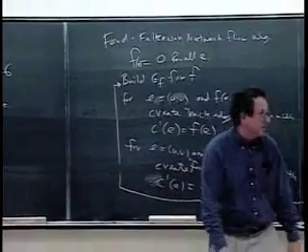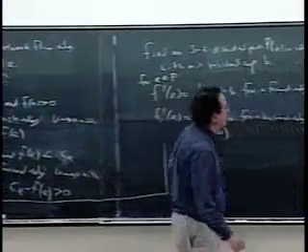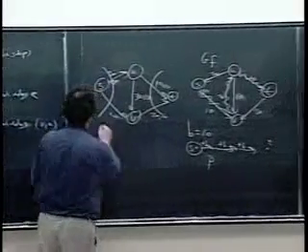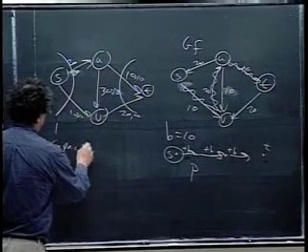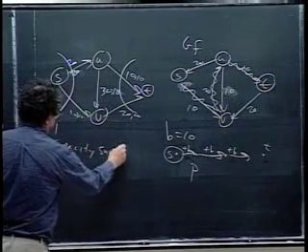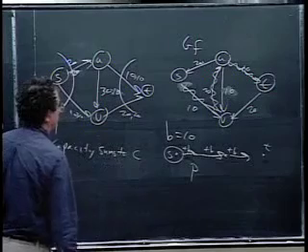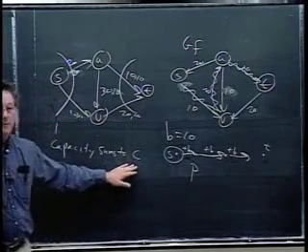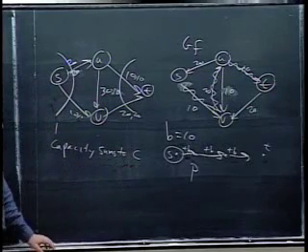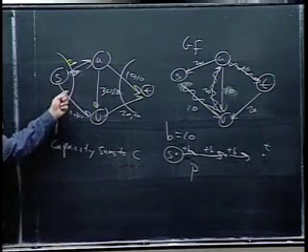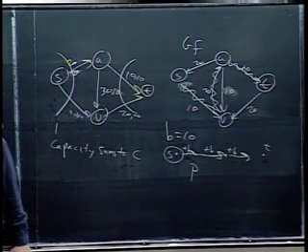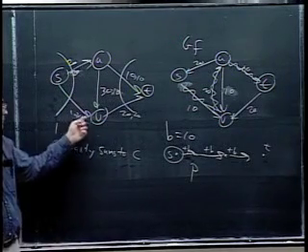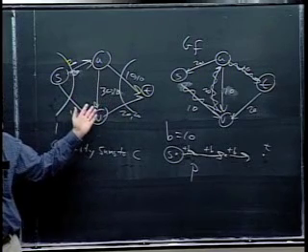Oh, actually timing. Suppose the capacity sums, let's say, to C, just some number C. Then we know that the flow increases by at least 1 in each iteration. So we know that there won't be more than C iterations.